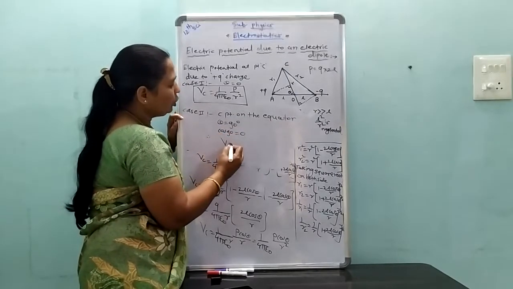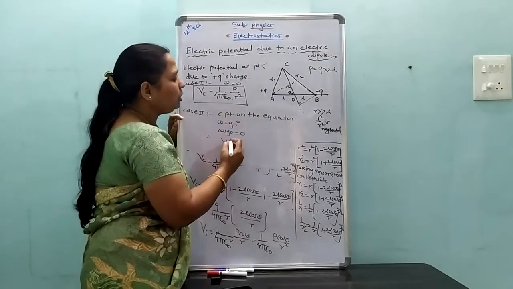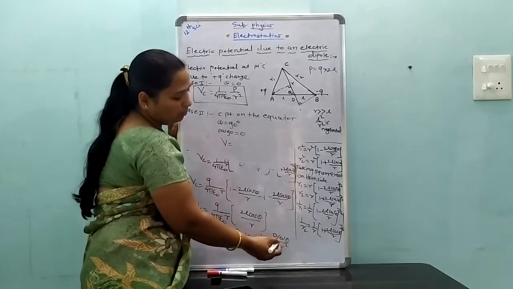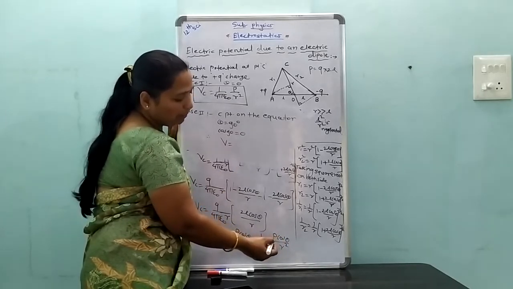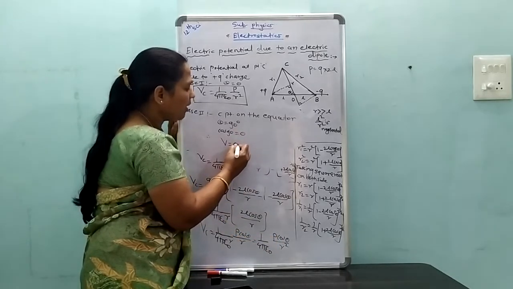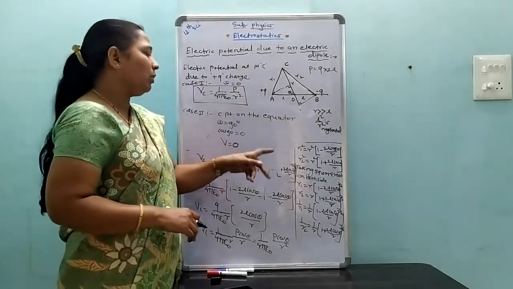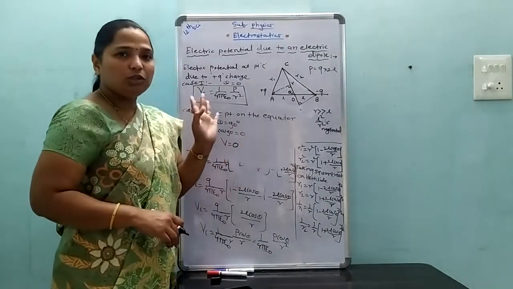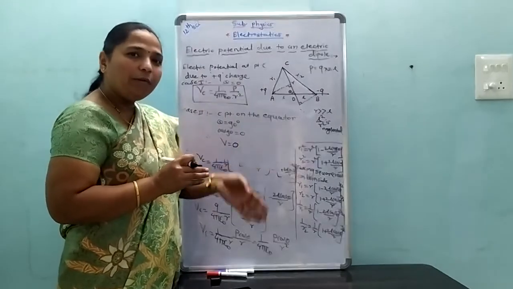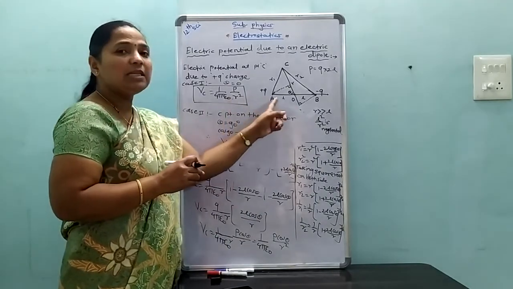Therefore, the electric potential when the point lies on its equator: cos 90 is equal to 0, so P cos theta is 0 multiplied by P, which is 0. 0 multiplied by 1 upon 4 pi epsilon 0 is 0. The net electric potential when the point is situated on its equator is V equal to 0. Means potential is minimum when the point is on the equator, and the potential is maximum when the point is on its axis.